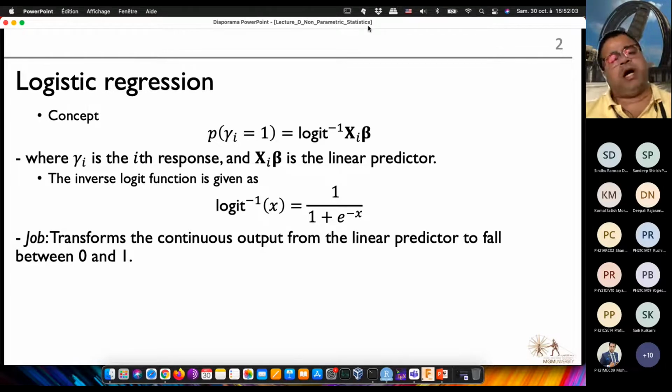And whatever value of x you give, it is going to map it so that your output lies between 0 and 1. That is what the logit function does. All right, so the output has to lie between 0 and 1. If it is less than a particular threshold, you will say it is false. If it is higher than a particular threshold, you will say it is true, or the other way around, whichever is convenient to you.